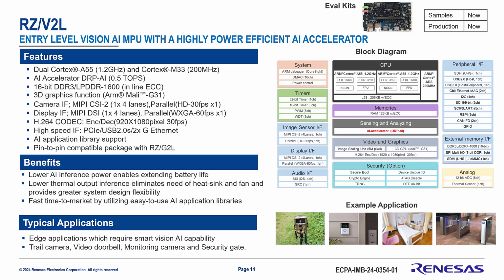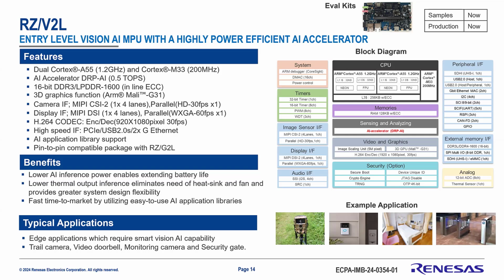Some of the benefits are very low AI inferencing power, extending your battery life and removing the need for a heat sink. Low thermal output, obviously, and fast time to market utilizing our AI application libraries.